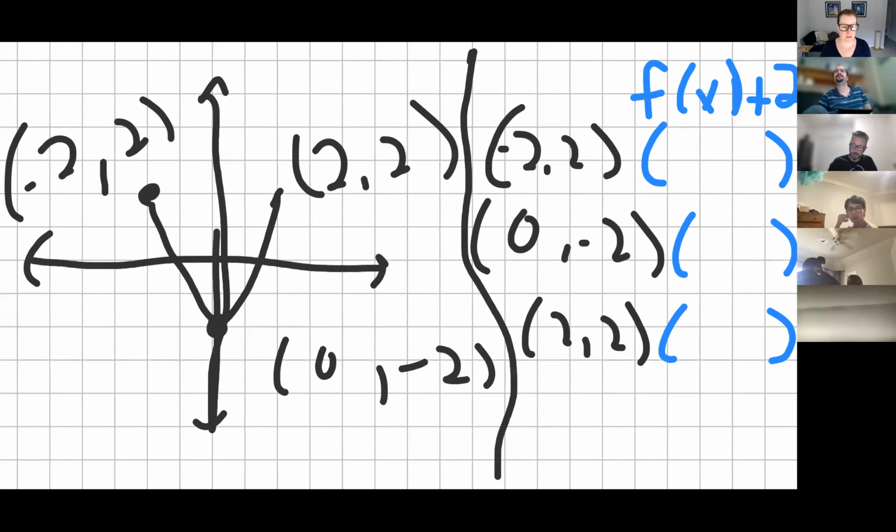Deanna? For 31A. Yeah, 31A. So if I do f of x plus 2, how does that change my x values? Maybe that's a weird question. Do my x values change?